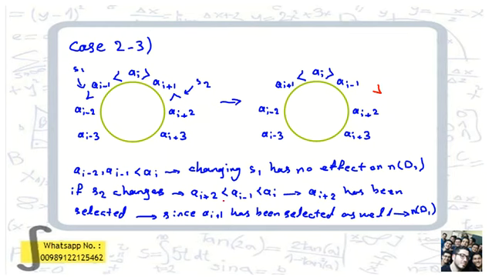In this case, a_{i+2} would be less than a_{i-1}, which would be less than a_i. So a_{i+2} and also a_{i-1} have been selected before a_i. By these two statements, these two elements have been selected before a_i, and we can prove that by changing S2, n(d1) won't change.